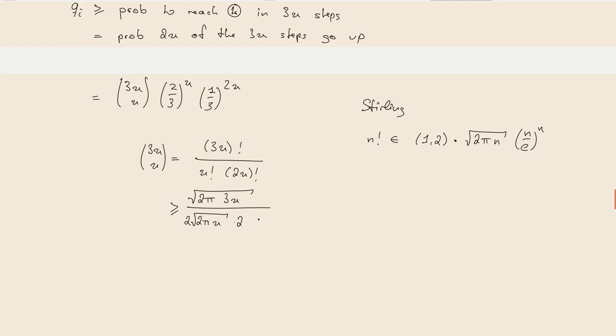That's why the factor 2 here comes up, because it's the upper bound. At least one ugly computation per lecture is mandatory.